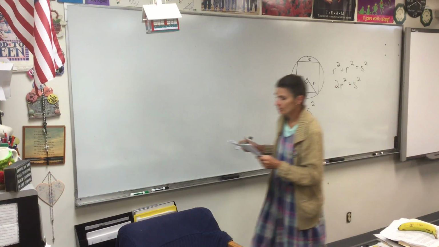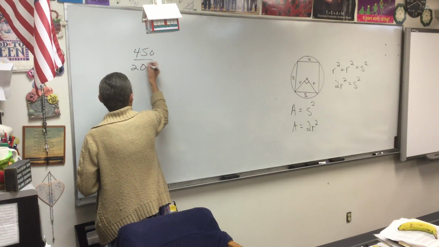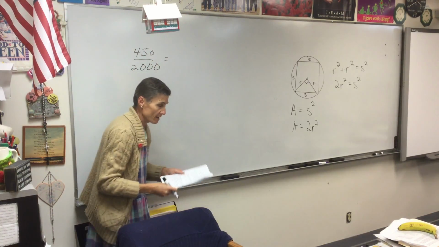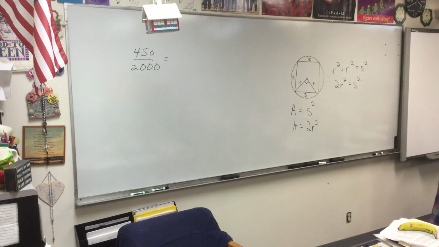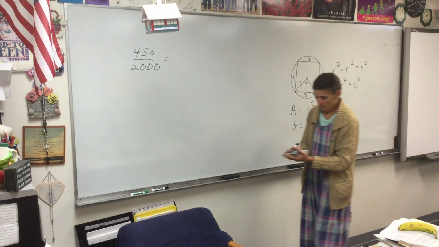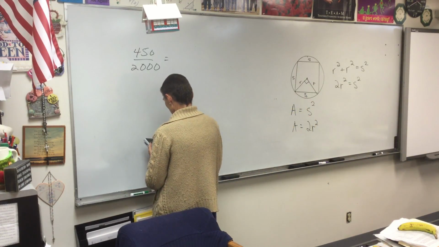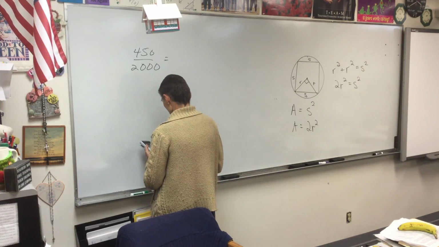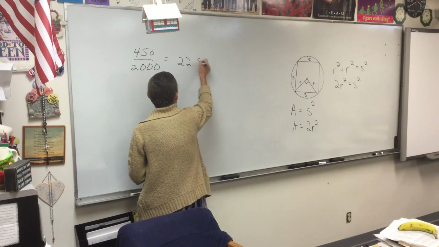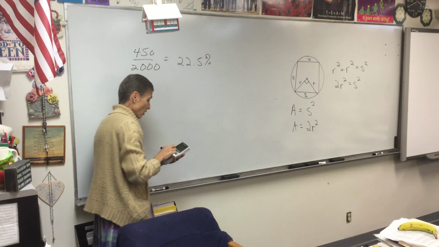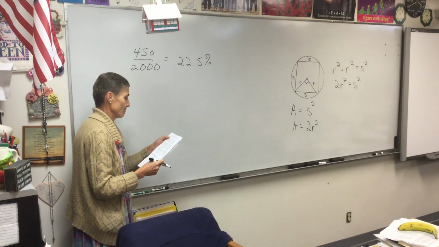All you're gonna do is divide 450 by 2,000 and express that as a percent. So 450 divided by 2,000. Is it? It sure is 22.5%. That's all there is to it. Do not make it hard.